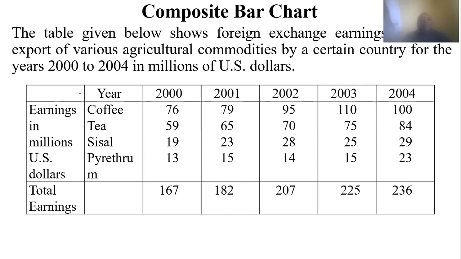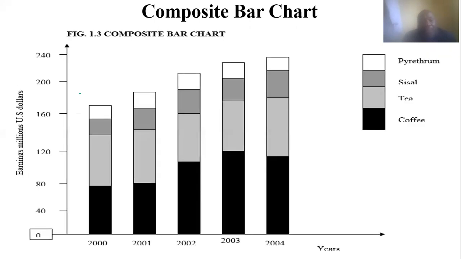So in order for us to draw this, we follow the same procedure. We come up with our totals, like I've come up with the total earnings. And with these total earnings, we are now able to represent them. Like for the year 2000, the total earnings were 167. But now we put the division into different compartments.